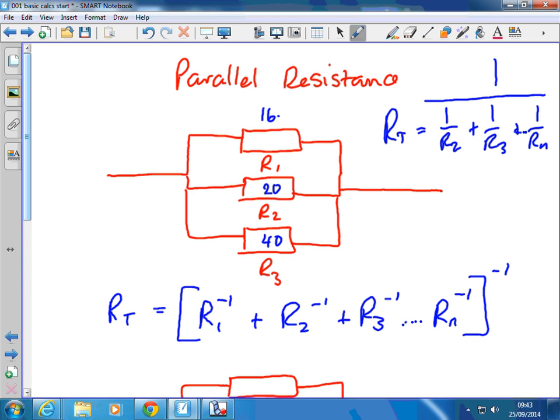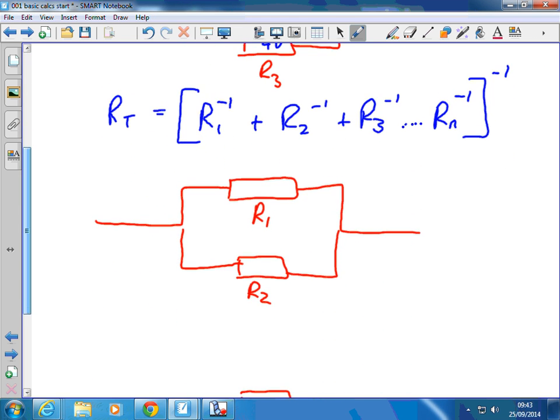So, second possible way we can have is if we've got any 2 different values. Anyone remember the method there? And you can actually give it a name.